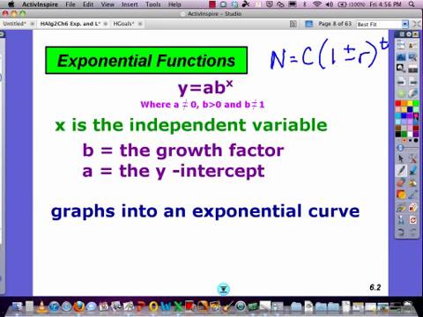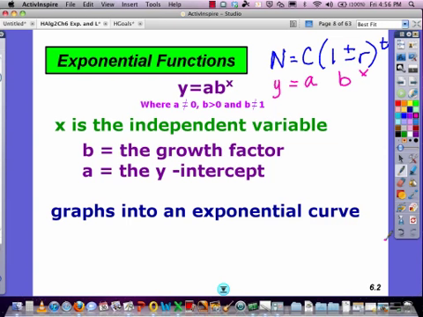We're going to tell you that all exponential functions will be in the form y equals some value a times a b value to some exponent. And so the equation we were using yesterday looks a lot like it. It was just using different variables.